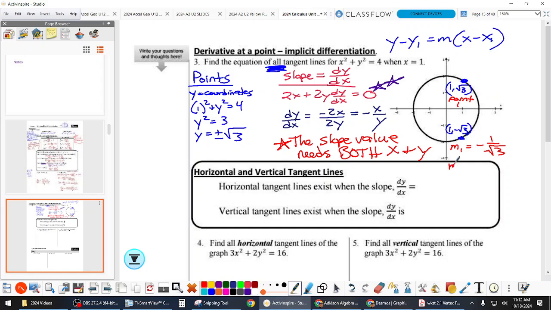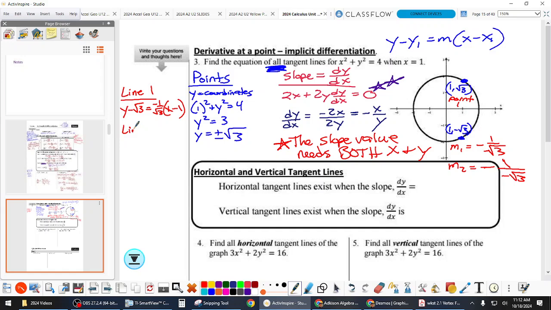Okay, and then M2 is the positive version. Let's see, I'm running out of room. I think I'll just write it over here. So line 1 is y minus root 3 equals our slope, negative 1 over root 3, times x minus 1. Everybody good on that?